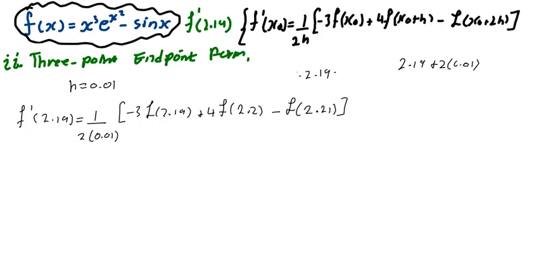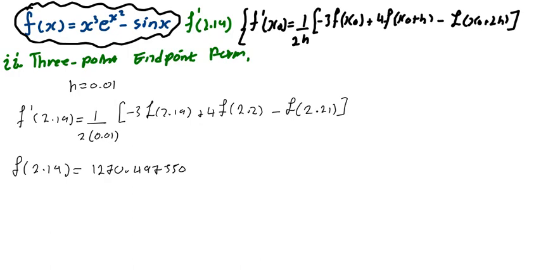These questions are pretty straightforward. If you do your substitutions again, if you say f of 2.19, I mean this value, your 2.19, you substitute it in this f of x, and we end up with something like 1270.497550.